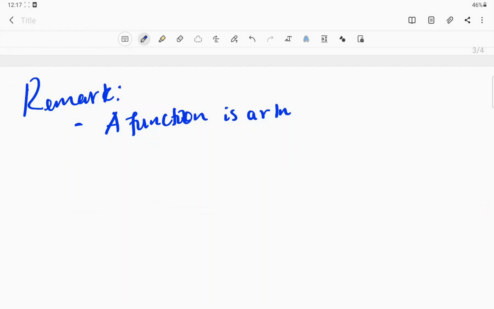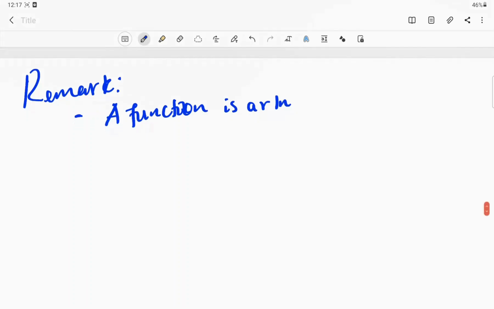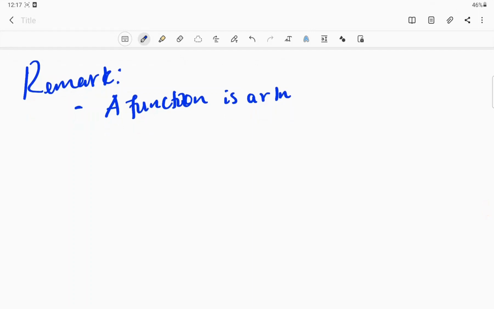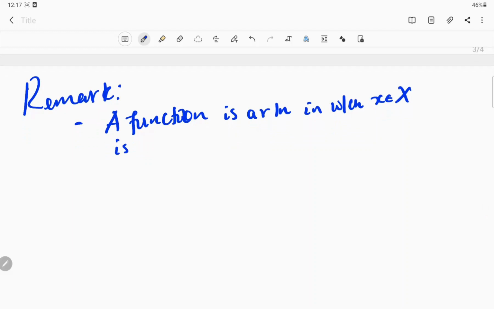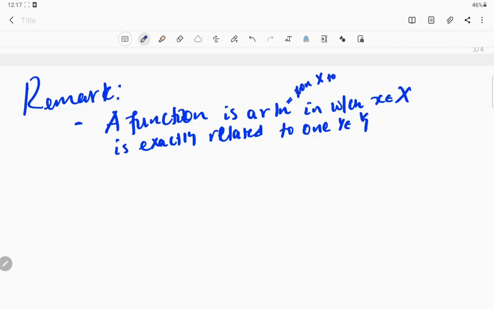When you define a function, we say a function is a relation satisfying some condition, in which x is related to exactly one y in Y. So remember, when we say a relation from X into Y, we are saying that.